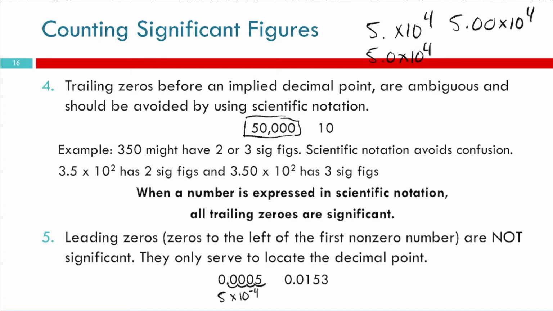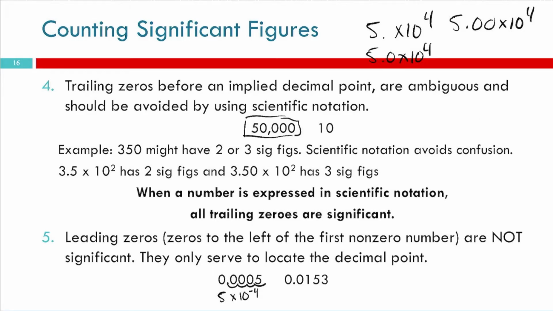The reason this isn't true for decimal numbers is because the first digit that's significant is always a non-zero number. It's only the numbers after that first non-zero number that are significant. So we can automatically exclude the leading zeros from being significant because they're just placing us farther into a smaller decimal number. So remember that.